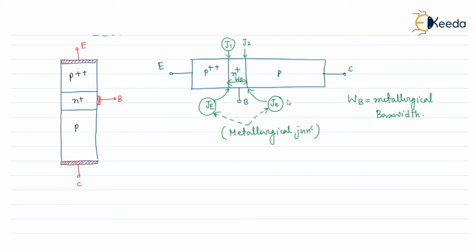And in this basics of BJT, we have found that the width of the collector region will be the greatest. Next, the width of the emitter region, and then the width of the base region.